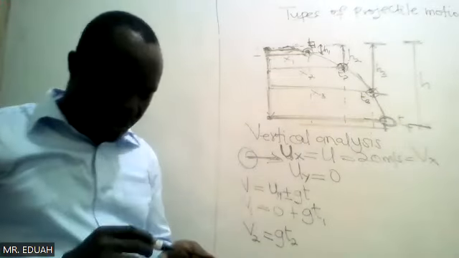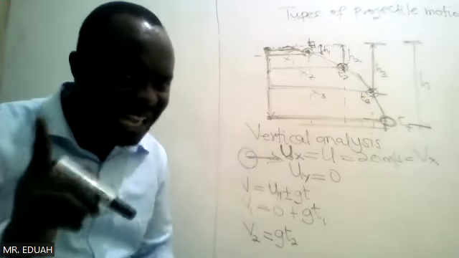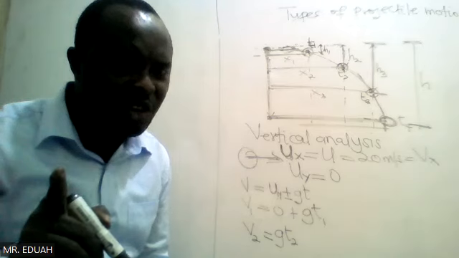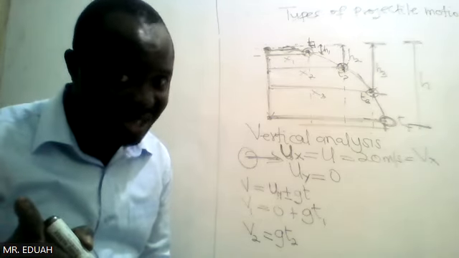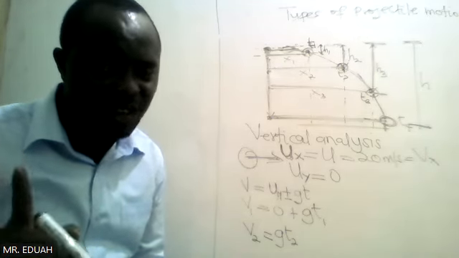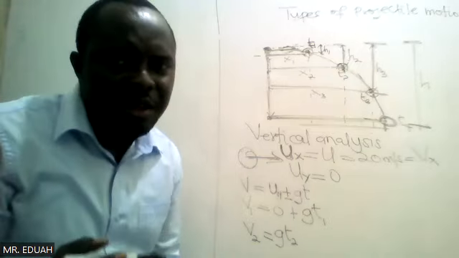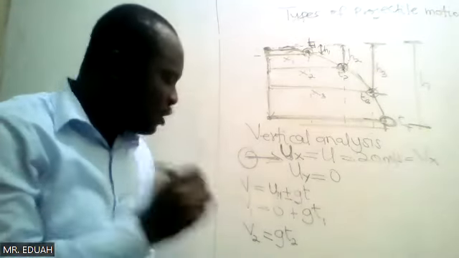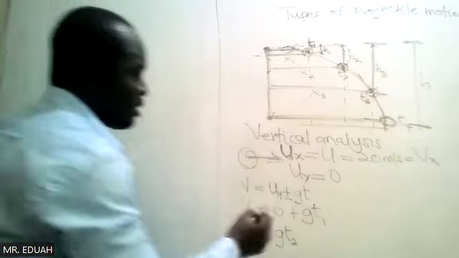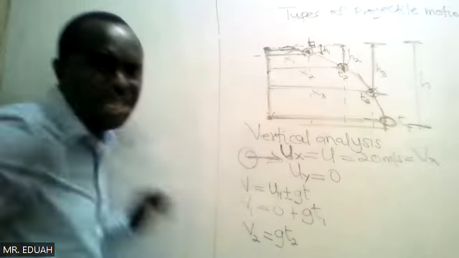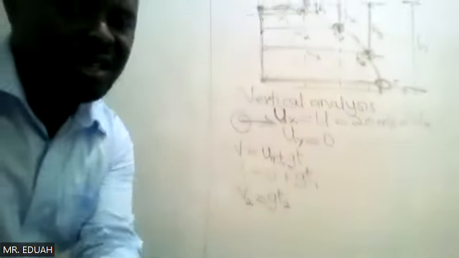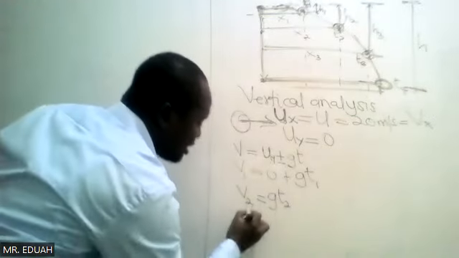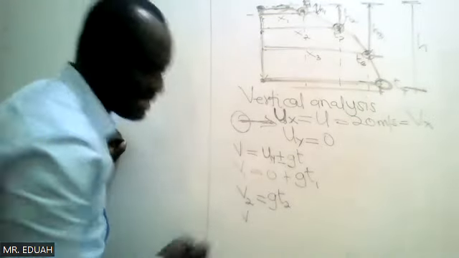By the time the body drops on the ground, the final velocity, we call this the velocity of impact.